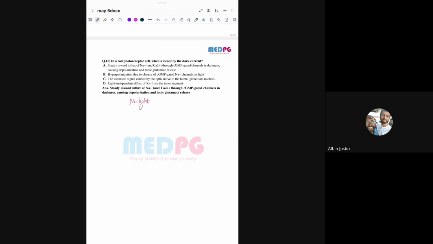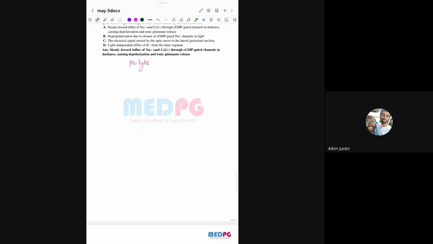When there is no light, cGMP levels will be high, so the cGMP gated sodium channels remain open, and there will be continuous sodium and calcium influx.